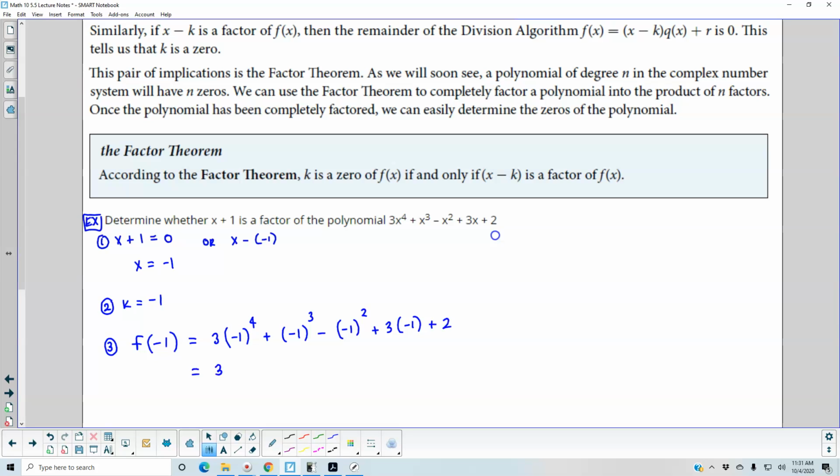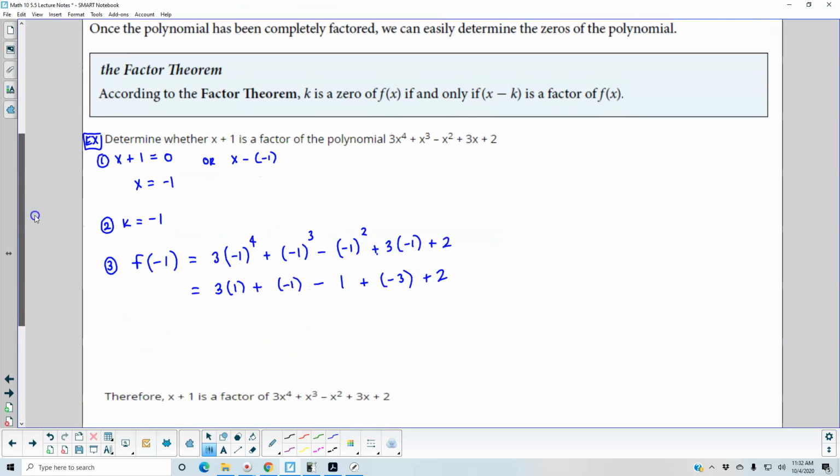So 3 times negative 1 to the fourth power gives us a positive 1. Plus negative 1 to the third power gives us negative 1. And this is minus negative 1 squared, which is positive 1. And then positive 3 times negative 1 is going to be plus negative 3, and then plus 2.